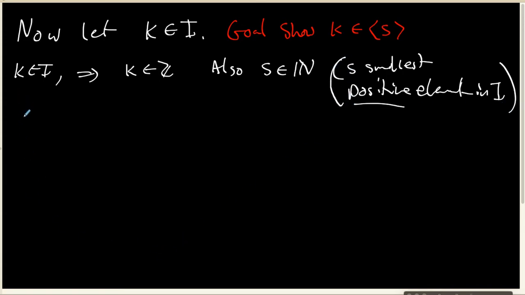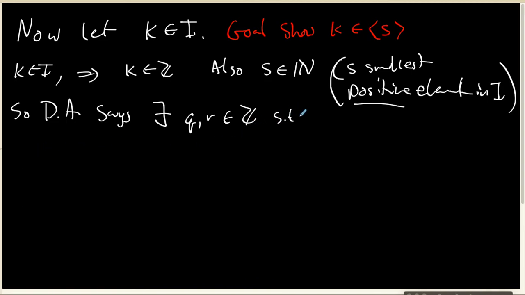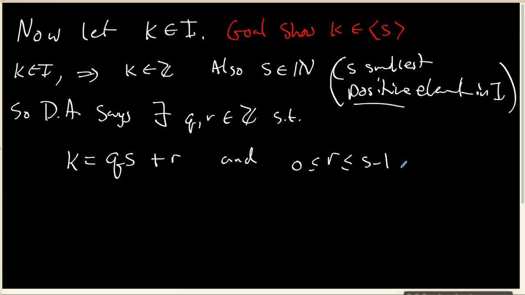And now the division algorithm kicks in. So the division algorithm says there exist Q and R inside the ring of integers such that K is going to be equal to Q times S plus R, and R is trapped between 0 and S minus 1. And I want to think about this piece of arithmetic for just a minute.